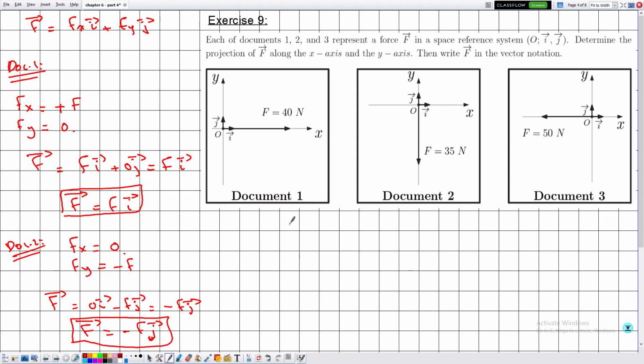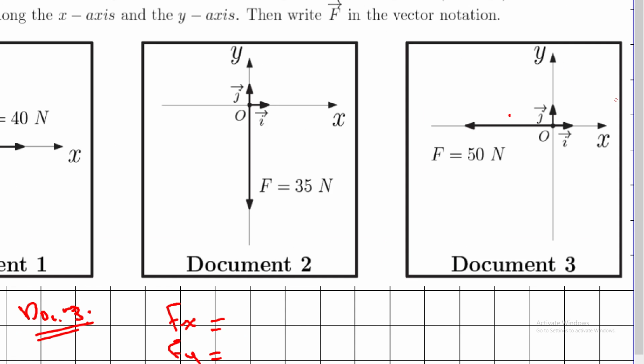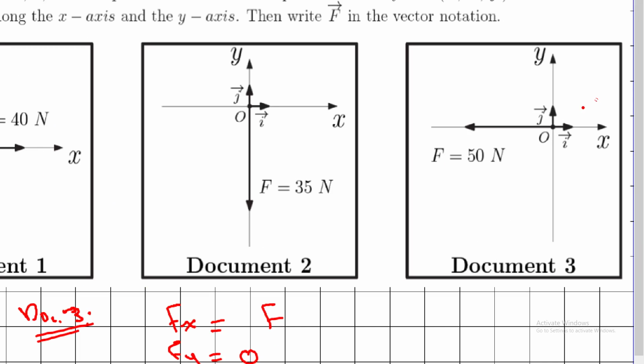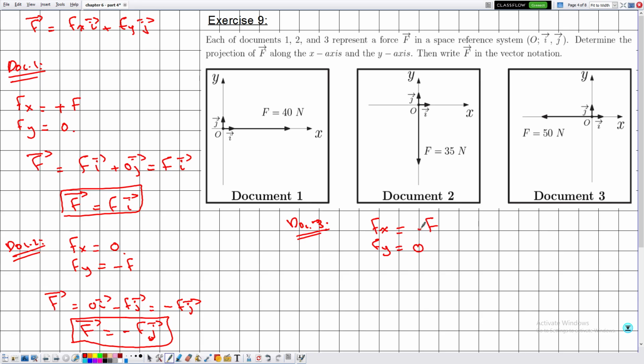Now as for document 3, we are interested in determining Fx and Fy, then writing the vector notation. Notice that it completely lies on the x-axis, so Fy is 0. Then Fx is equal to F up to a plus or minus sign. Notice that it's pointing in the negative direction, so it's minus.